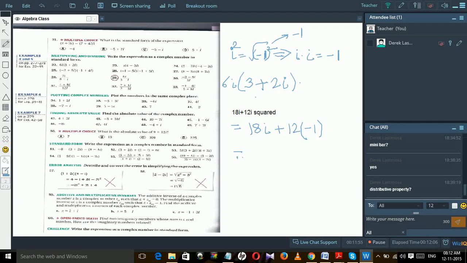First one, as we saw. So that will come out to be 18i minus 12. This is a complex number, okay?